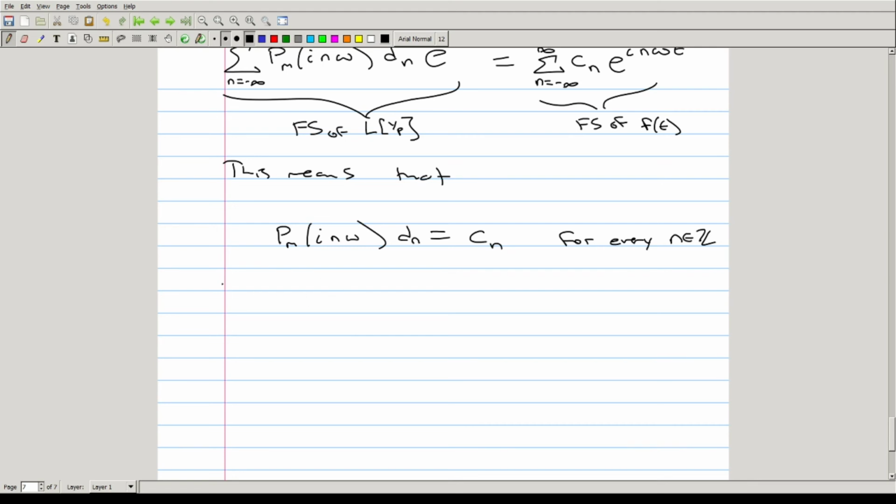Which means that dn must be equal to Cn over the characteristic polynomial evaluated at I times n times omega.